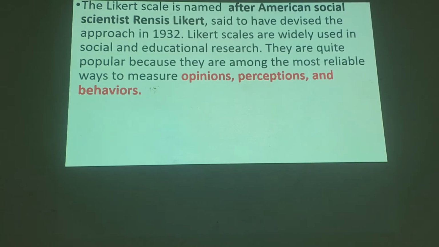Now, Likert scale is named after American social scientist Francis Likert, said to have devised the approach in 1932. Likert scales are widely used in social and educational research. They are quite popular because they are among the most reliable ways to measure opinions, perceptions, and behaviors.